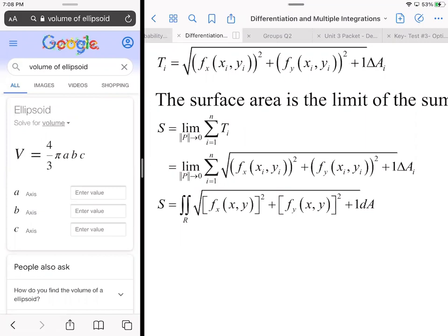You're taking your partial with respect to x, squaring that, your partial with respect to y, squaring that, adding 1 to it, taking the square root, and then bounding it using a double integral over some unknown region stipulated in the problem, and then integrating that with respect to whatever the change is, dx dy, so horizontal vertical change, giving you that corresponding area.